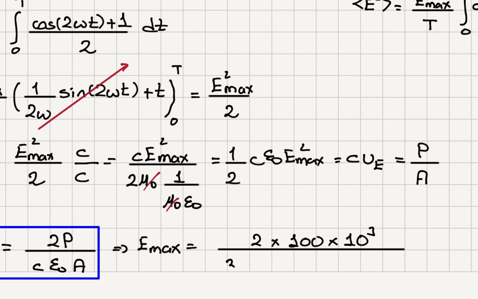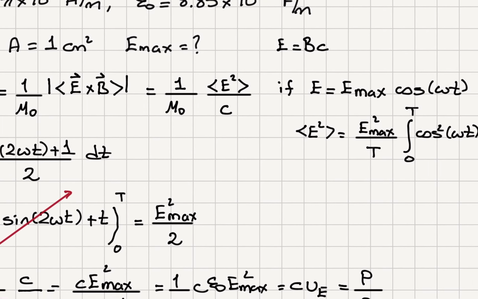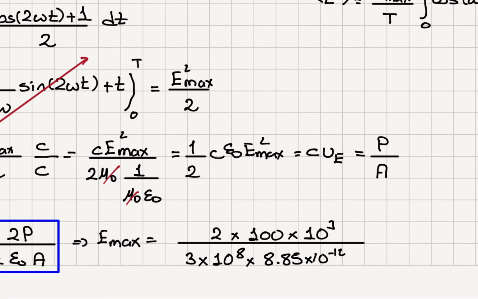Speed of light is 3 times 10 to the 8 meters per second. Epsilon 0 is 8.85 times 10 to the minus 12, it was given here, farads per meter. And this is for 1 centimeter squared, 1 times 10 to the minus 4 meters squared.